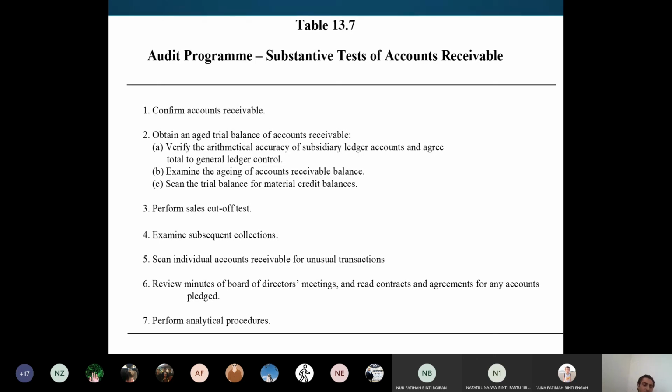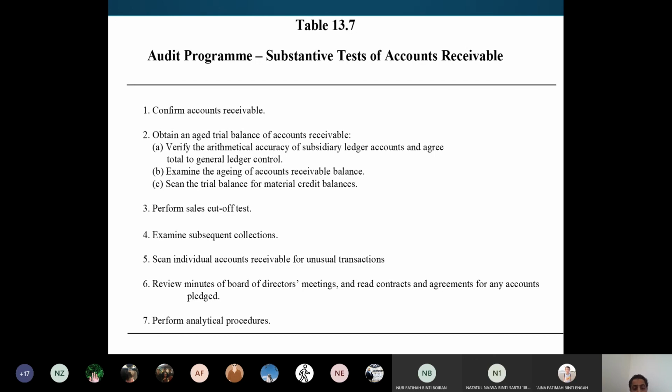Number 4 is examining subsequent collection. When we audit until March, if there is high collection in January, we need to examine this subsequent collection, because some collection belongs to the previous year, to 2019.